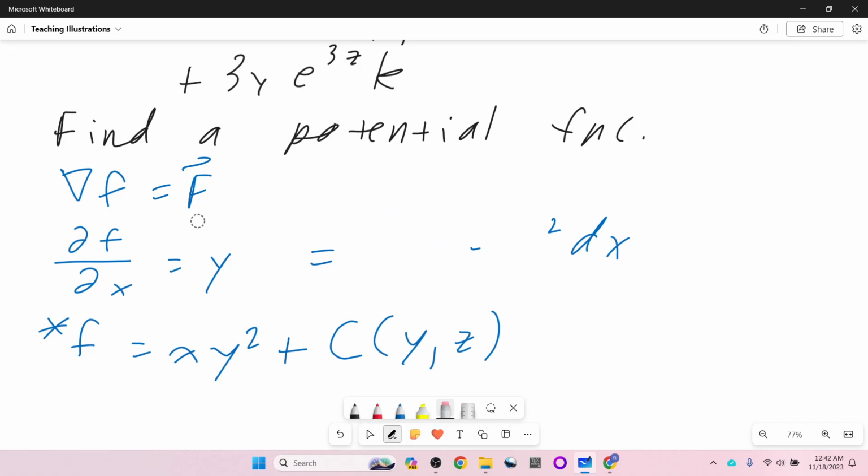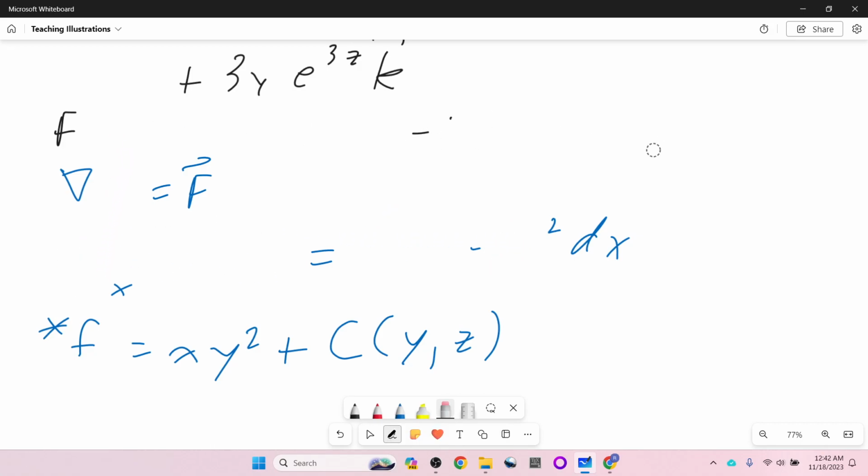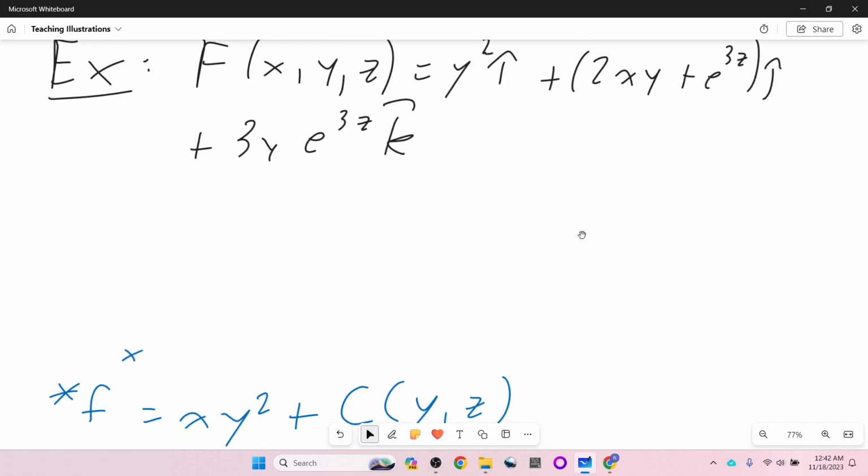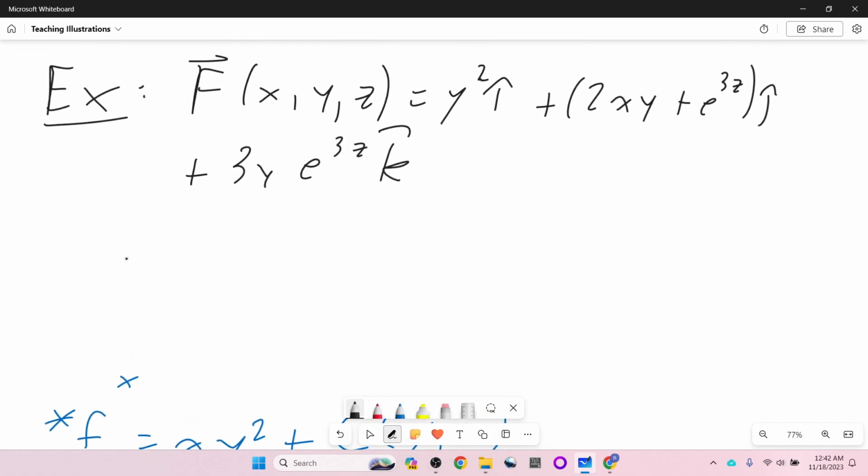All right, so let's look at the next component. All right, so second part is the y derivative. So it is del f over del y is 2xy plus e to the 3z.